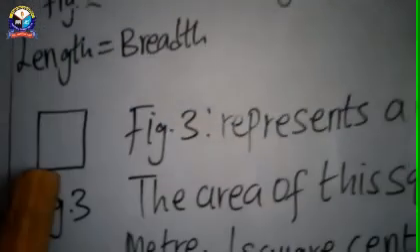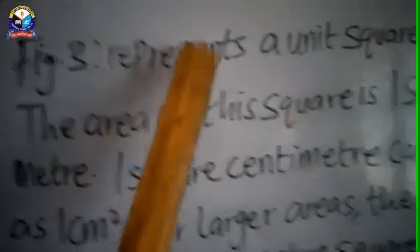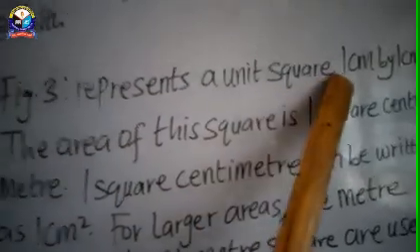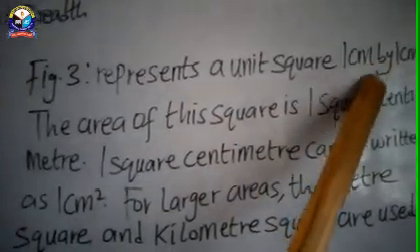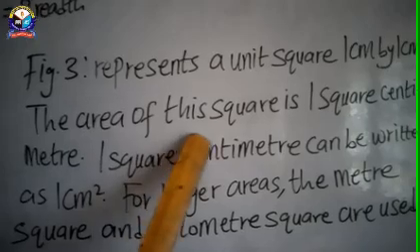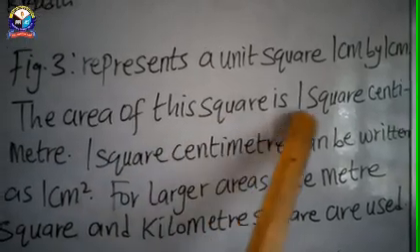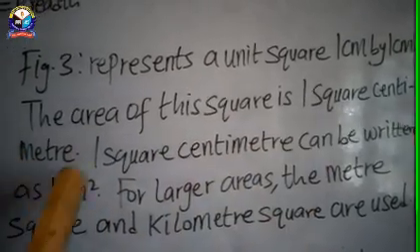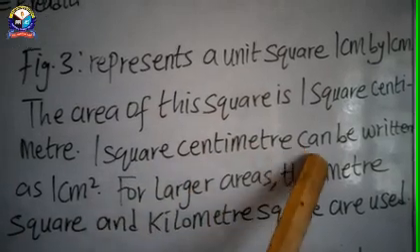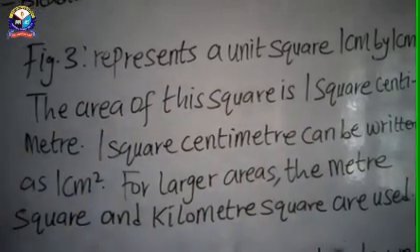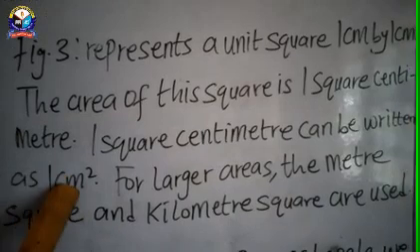Okay, this is figure 3. Figure 3 represents a unit square, 1 centimeter by 1 centimeter. The area of this square is 1 square centimeter, and 1 square centimeter can also be written as 1 cm square.